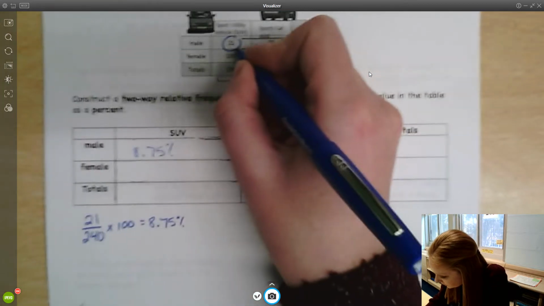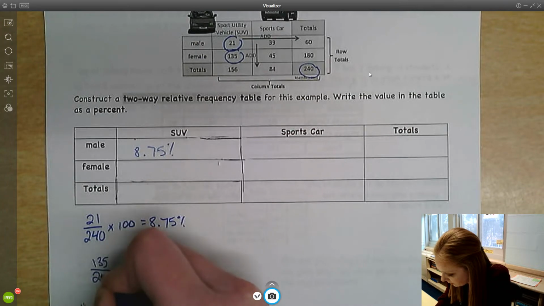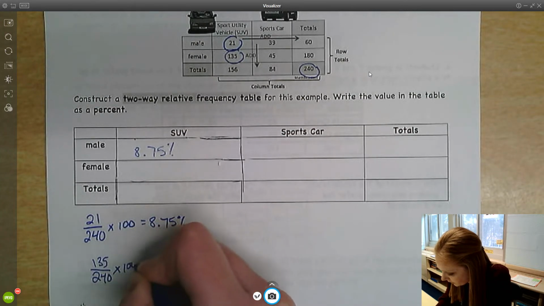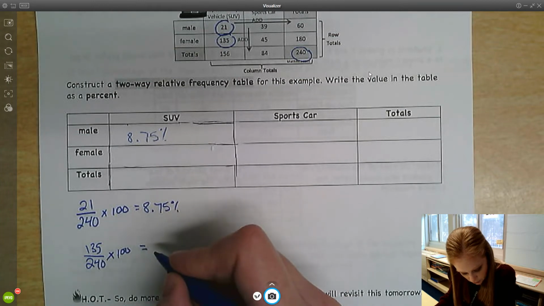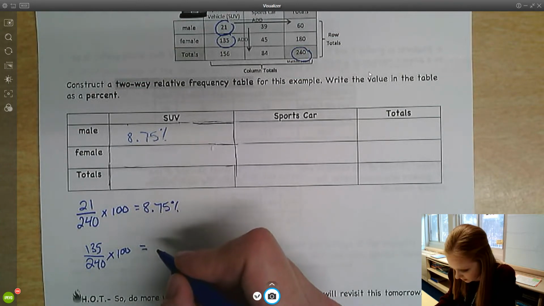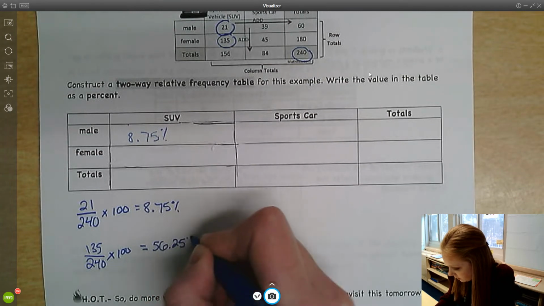Females who chose an SUV would be 135 divided by our total of 240 students, multiplied by 100, and you're going to get 56.25%.